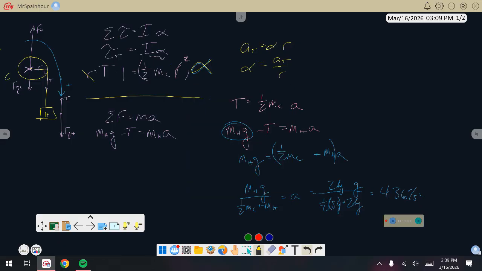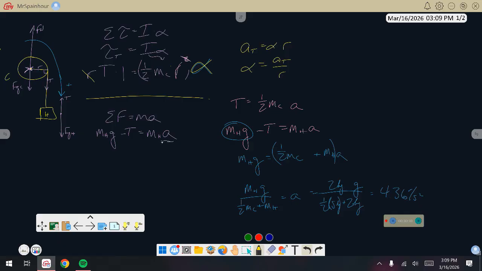One of the R's still does cancel, but this R would not. What could you do from this position that is more efficient that would also allow you to find angular acceleration? Instead of substituting alpha for a over R, what could you do?